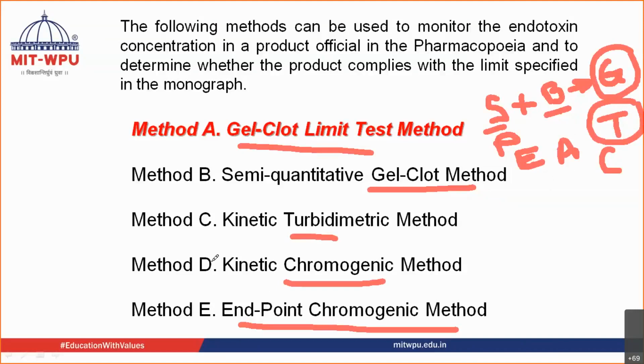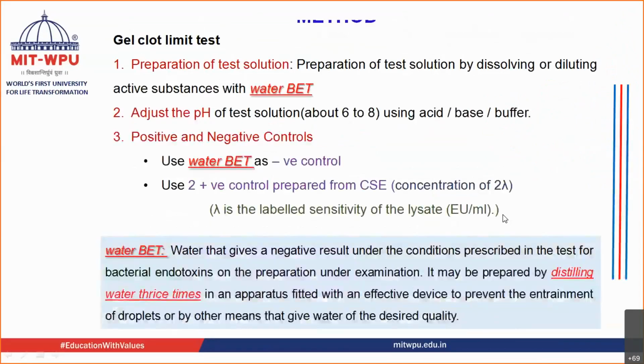In the fourth and fifth methods, it is the formation of a colored solution. When these are formed, you are going to say that there is pyrogen or endotoxin present in your formulation, so sterility has not been achieved. That's what you're going to decide.